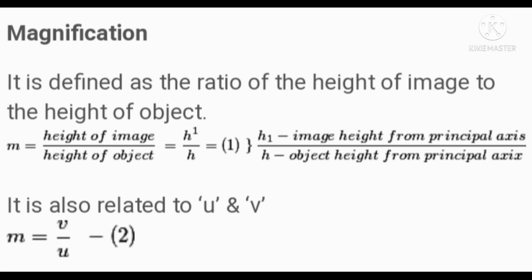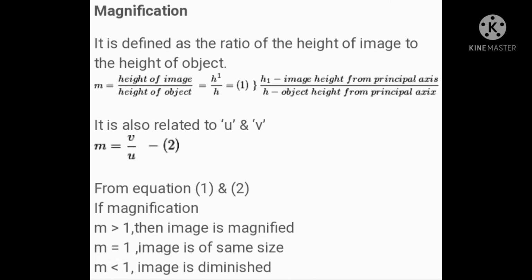Now from equation 1 and 2, if magnification is greater than 1 then the image is magnified. m is equal to 1, the image is of the same size, the object is as big as the image.